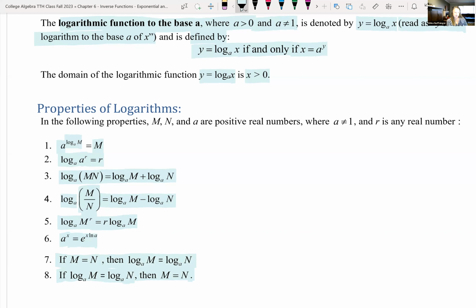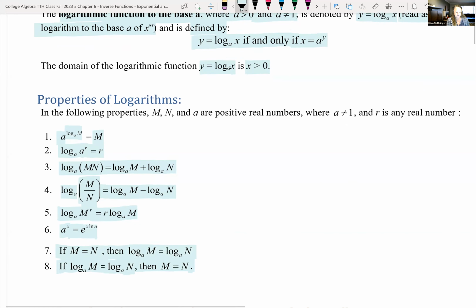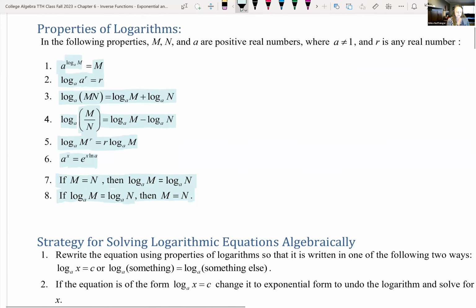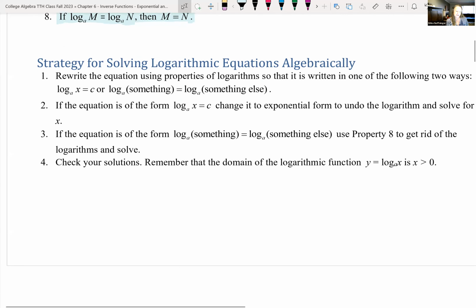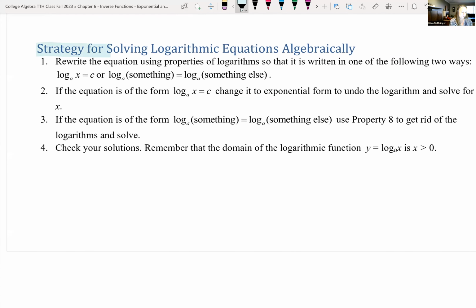Okay, so we're going to use these properties to help us solve logarithmic equations and exponential equations. So we have some strategies when we're going about solving logarithmic equations. So you want to start the following. Rewrite your equation using properties of logarithms so that it is written in one of the following two ways.